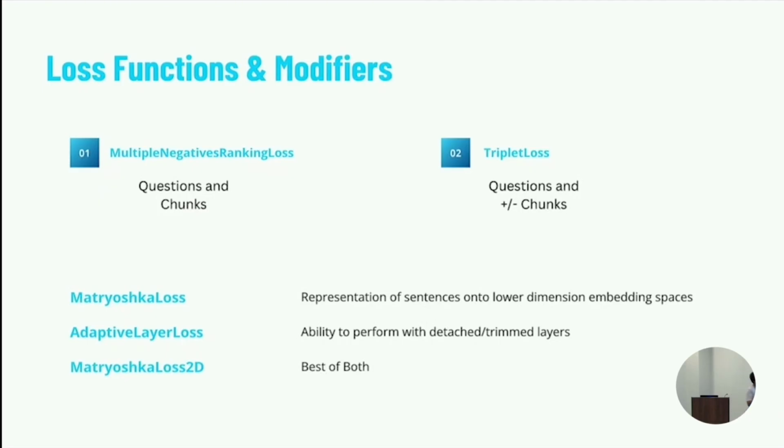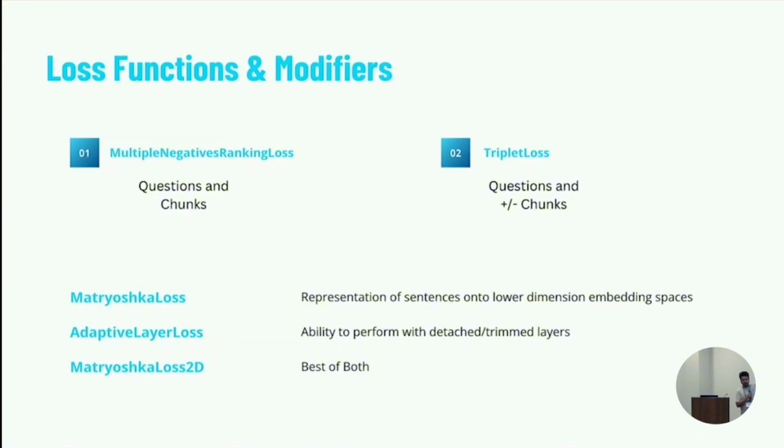And what are loss modifiers? There are three loss modifiers: Matryoshka loss, adaptive layer loss, and a combination of both. A brief explanation: when you add the Matryoshka loss modifier to a fine-tuning pipeline, it also fine-tunes the embedding model for lower dimensional spaces. For example, if we take a candidate embedding model called BGE v1.5, it has 768 vector dimensions.